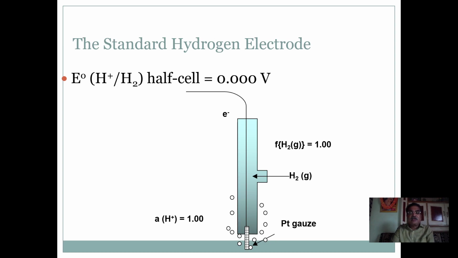At the center of this glass tube, a platinum wire is sealed. At the bottom of this wire, a platinum metal gauze is sealed. Now, at the top of this glass tube, there is a side arm where hydrogen gas passes into the glass tube.